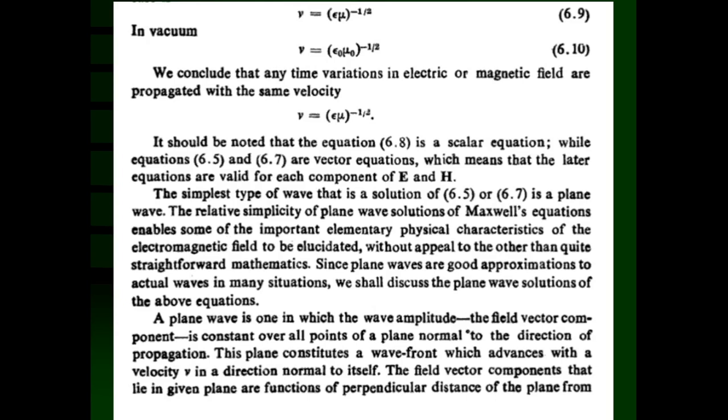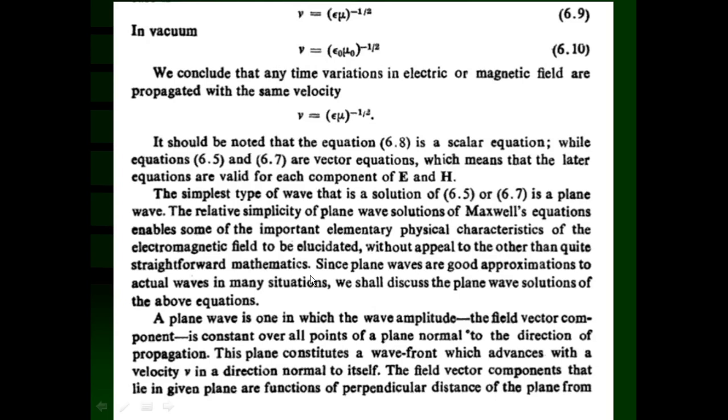The simplest type of wave that is the solution of equation 6.5 or 6.7 is a plane wave. The relative simplicity of the plane wave solutions of the Maxwell equations enables some of the important elementary physical characteristics of the electromagnetic field to be evaluated without appeal to anything other than quite straightforward mathematics.